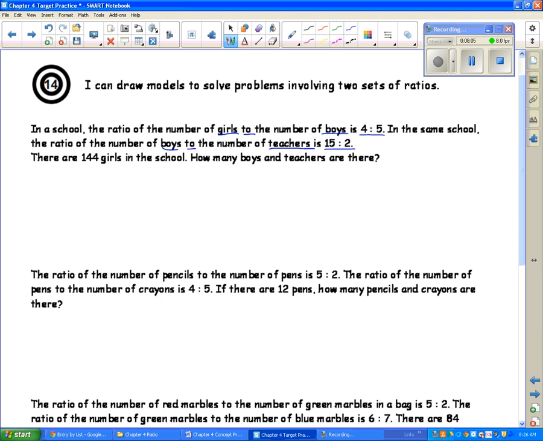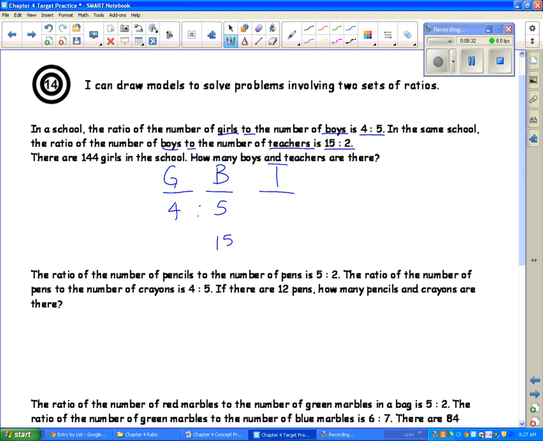So when we do this, we have 2 different ratios. We've got 3 different items or types of items. We've got girls, boys, and teachers. And the first ratio we have is girls to boys, which is 4 to 5. And then the second ratio we have is boys to teachers.